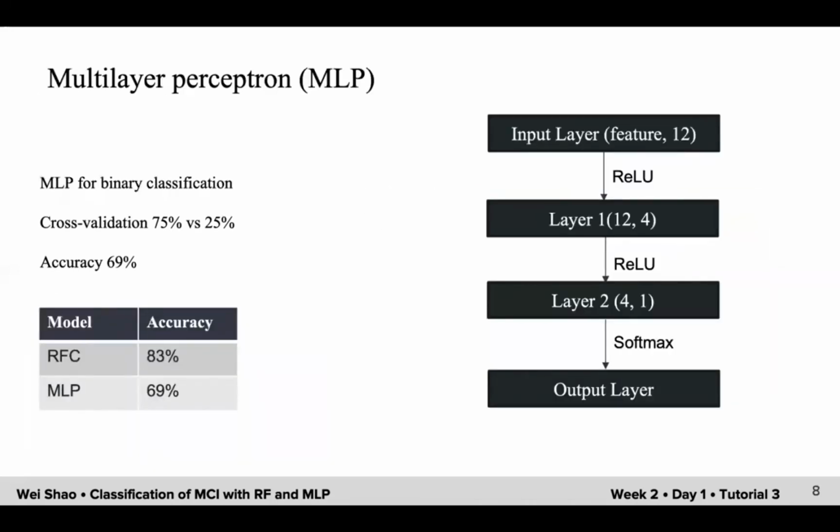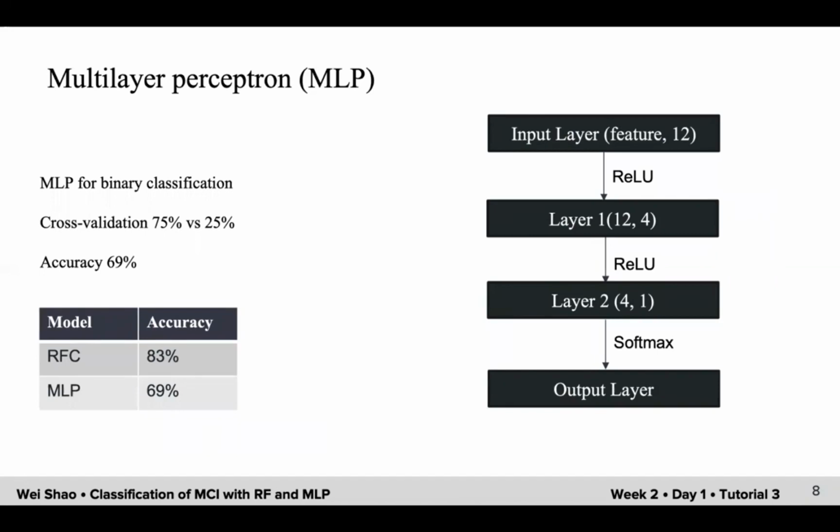I also used a multi-layer perceptron for the binary classification task, with the same classification setting in order to do the comparison. Overall, the MLP only achieved 69% accuracy, and on the right side you can see my MLP model design.